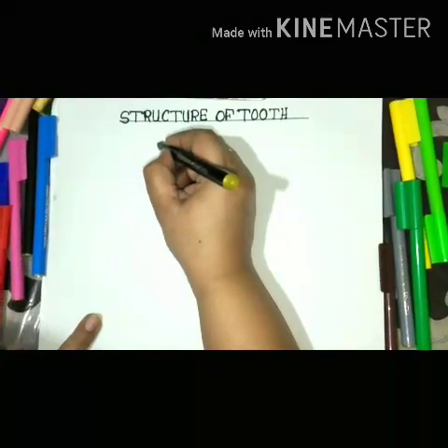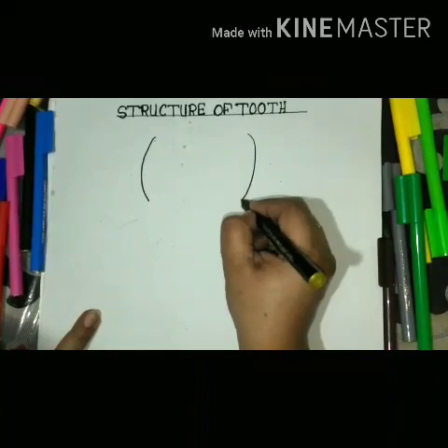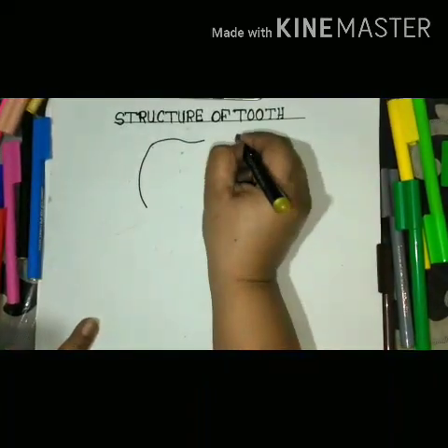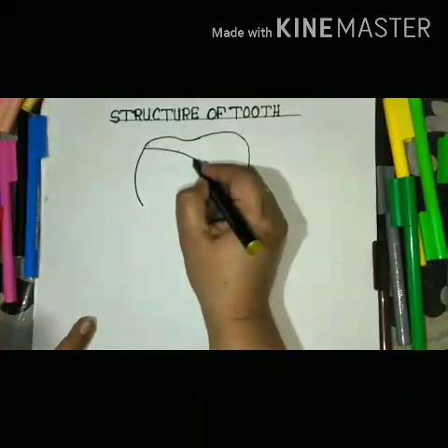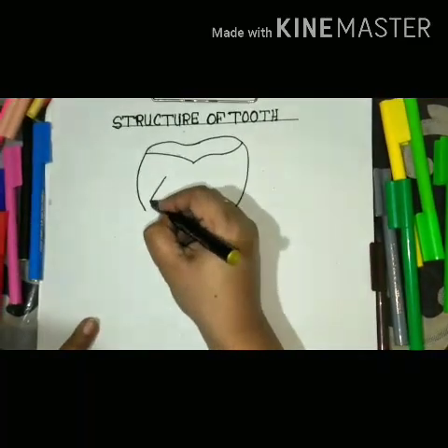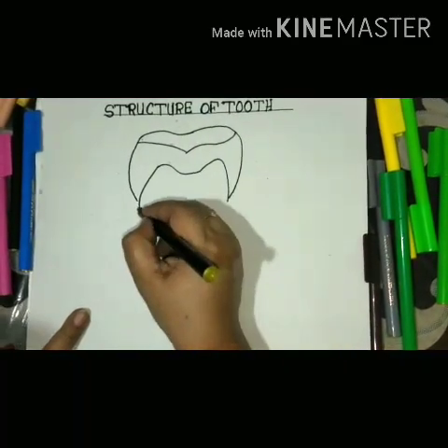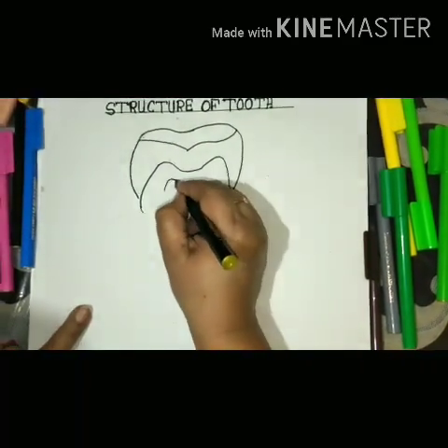Now we are going to learn how to draw the structure of tooth. Draw 2 brackets, big brackets, and join the topmost part just like an M. Draw a curly M-like structure as a second layer and one more M-like structure inside it.